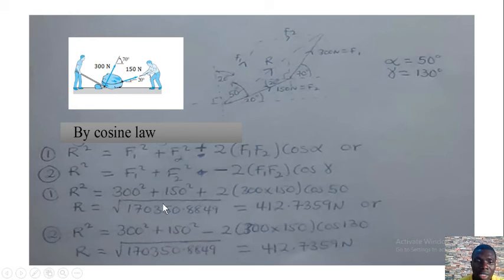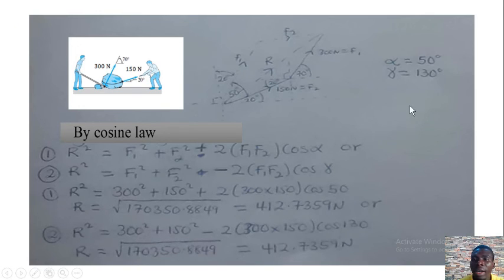When you do that, you will get 170,350.884. Now you take the square root of both sides, and you get R equal to 402.7359 Newton.